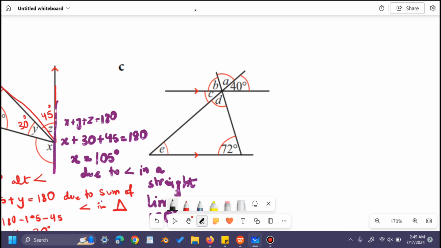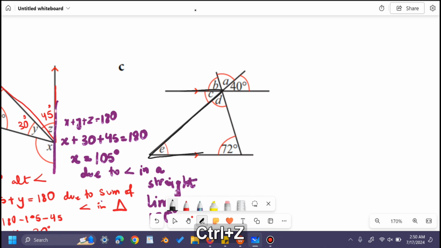Okay, now let's look at question number C, and we don't need to worry about such a complex question. We just need to firstly find parallel lines. Wherever parallel lines are visible, we follow them first. So this is the Z angle that we are going to find first, and we can see that C is equal to E due to Z angle, right?